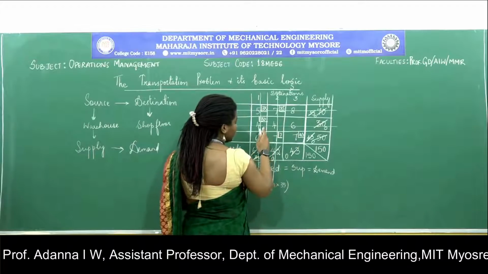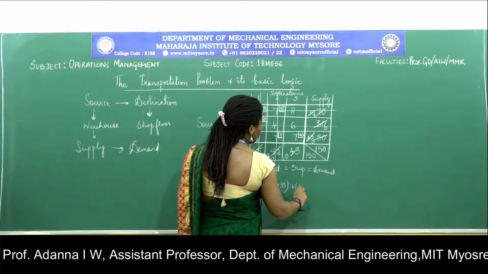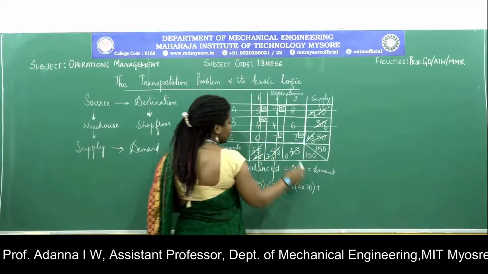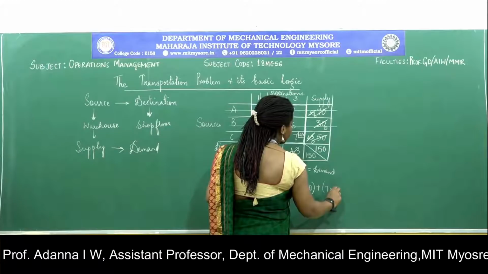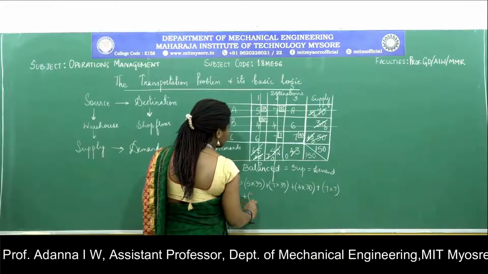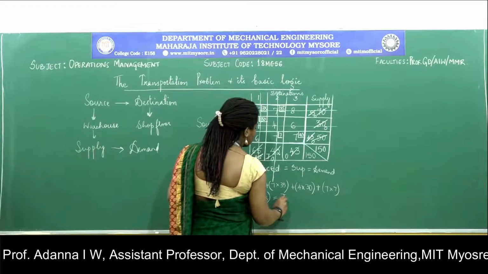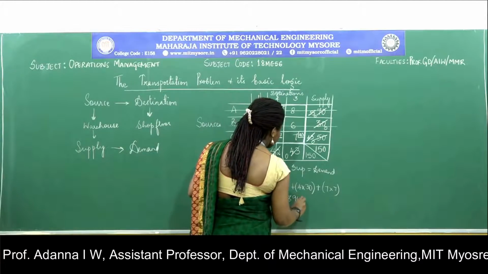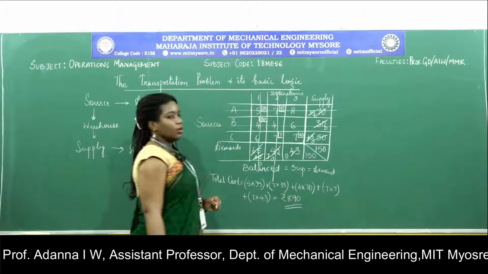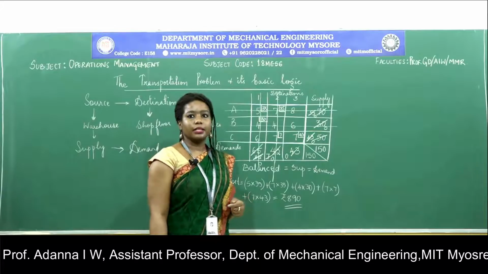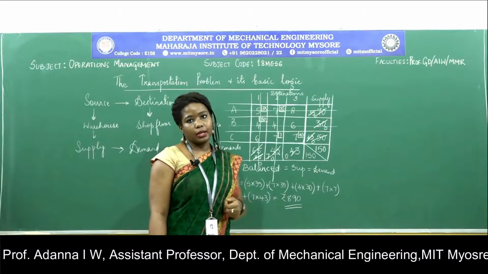Here there is nothing, then plus 4 into 30, plus again 7 into 7, plus 7 into 43. This is the total transportation cost that I will incur with this kind of allocation.